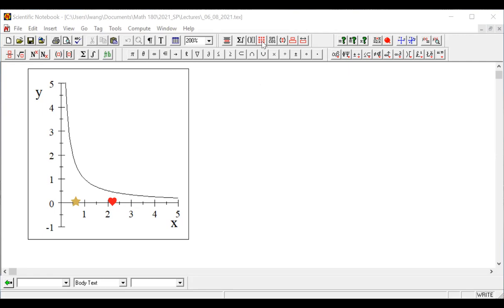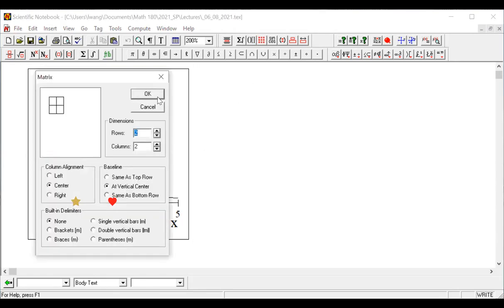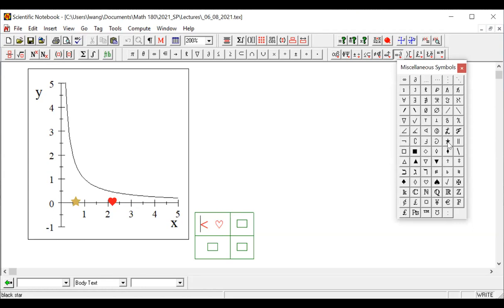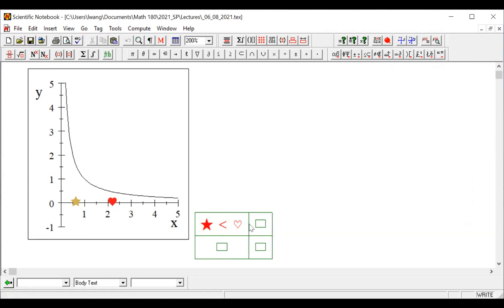Okay, so let me write it down. The heart is larger than the star from the picture.